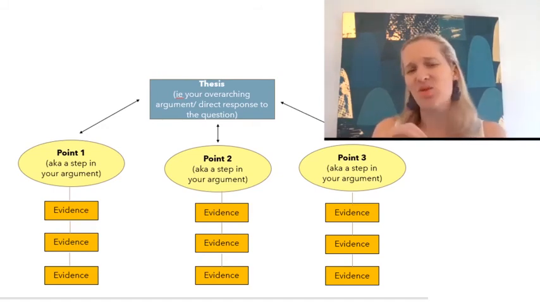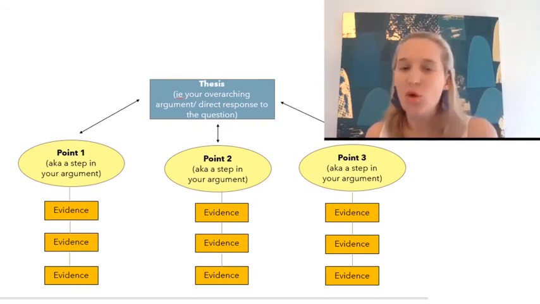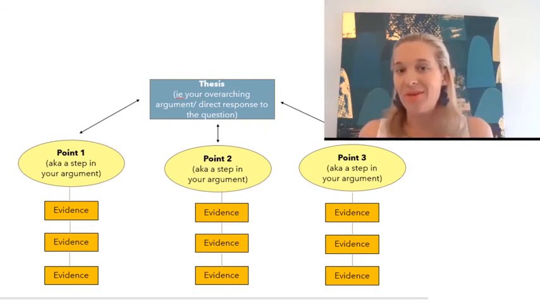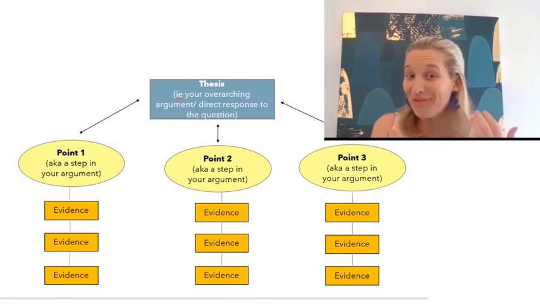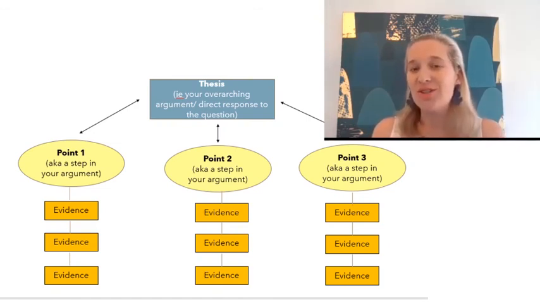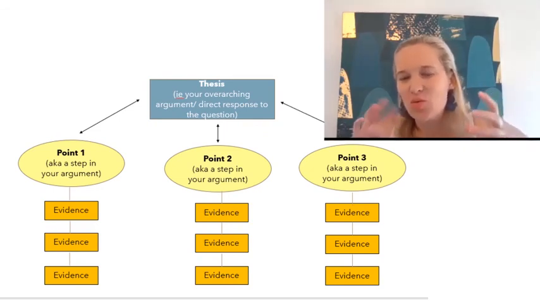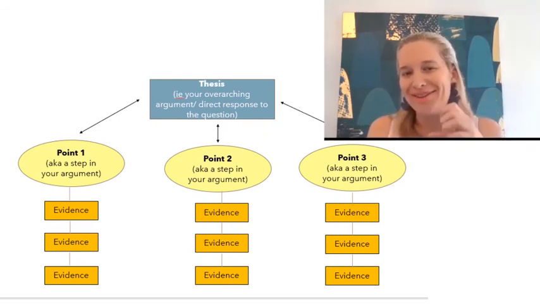And am I drawing out the connections? Am I making it clear what the significance of this evidence is for this argument that I'm trying to make? And if you can reduce your whole paper to a diagram like this, I think it'll become, hopefully, more obvious to you about what you need to do to strengthen everything so it really comes together as a whole piece.